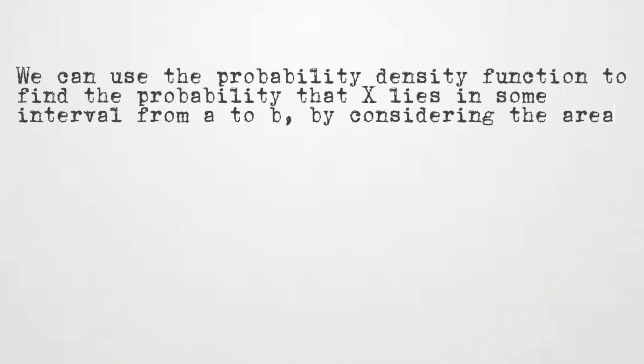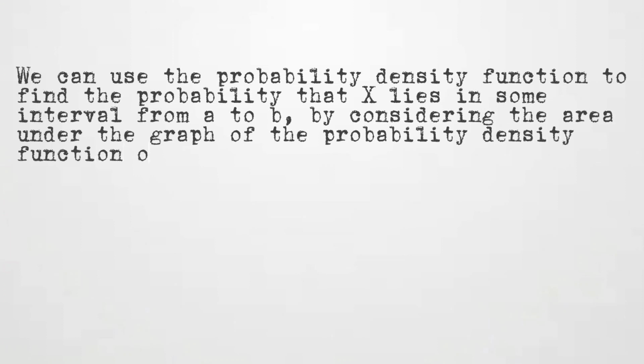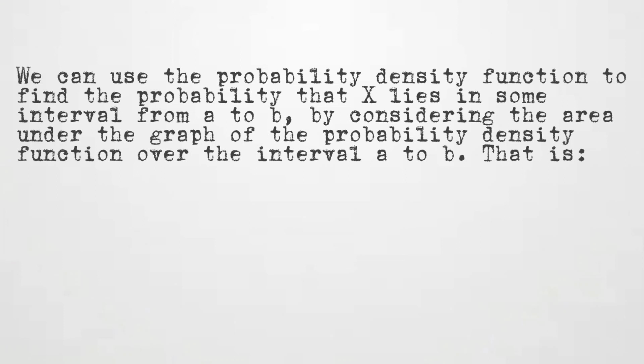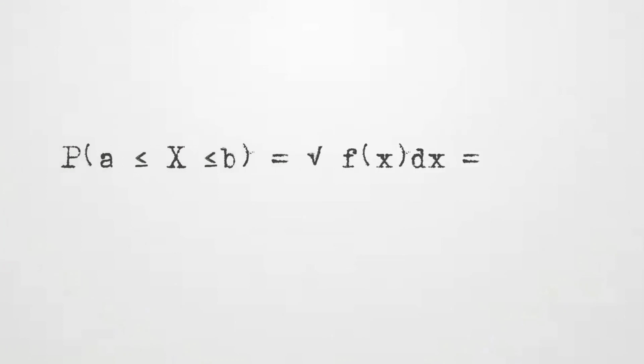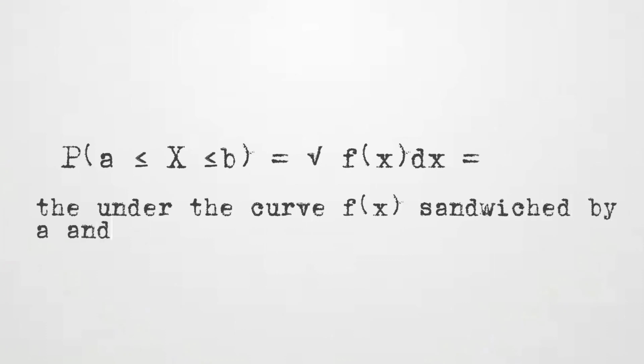You can use probability density functions to find the probability that X lies in some interval from a to b by considering the area under the graph of the probability density function over the interval a to b, that is, P(a < X < b) = the integral from a to b of f(x) dx, the area under the curve f(x) sandwiched by a and b.